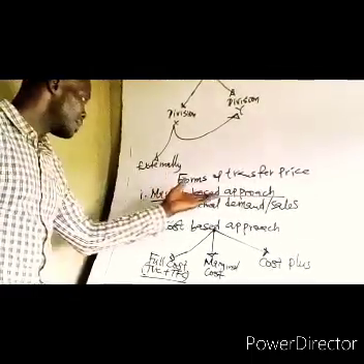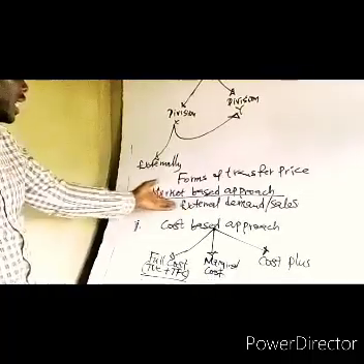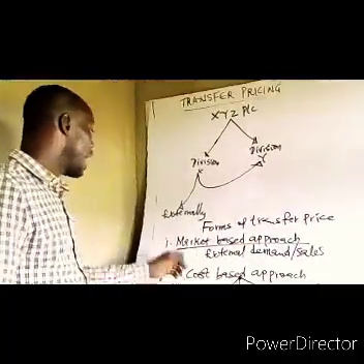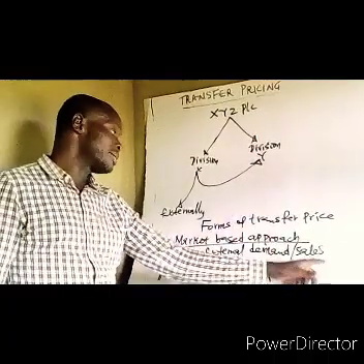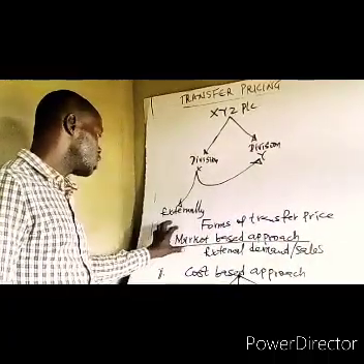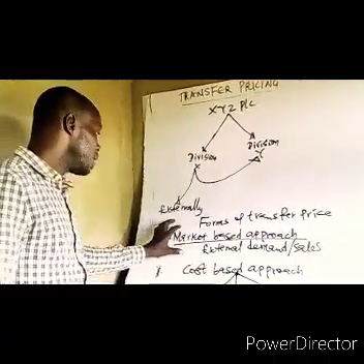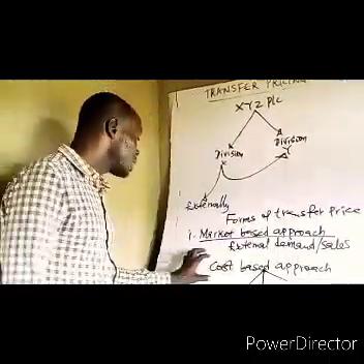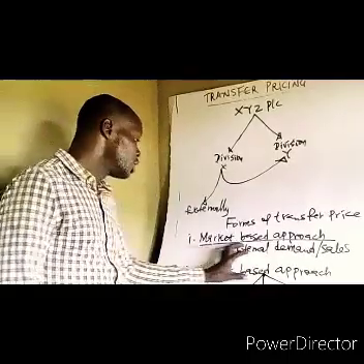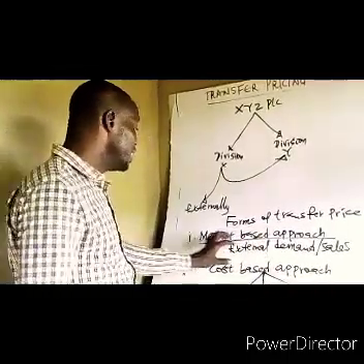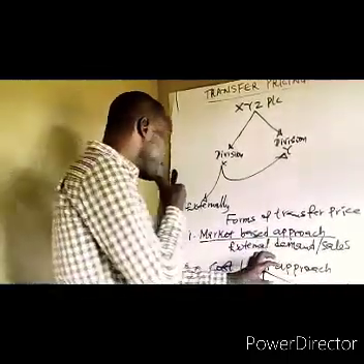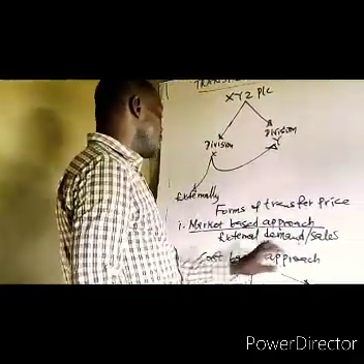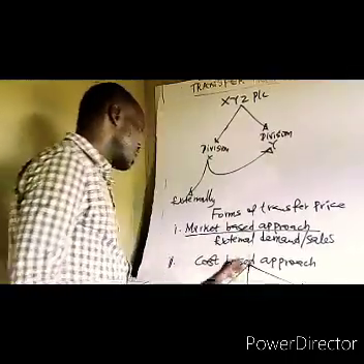So we have the market-based approach, where goods will be transferred at the market price. I've told you that the market price will be used where an external intermediate market exists for the selling division's product, meaning that the selling division can sell what they produced externally. Then the cost-based approach will be used where the external intermediate market does not exist for the selling division's product.